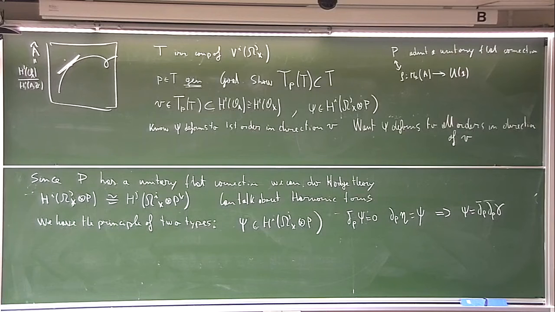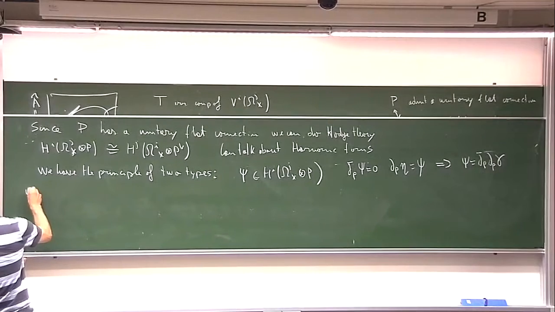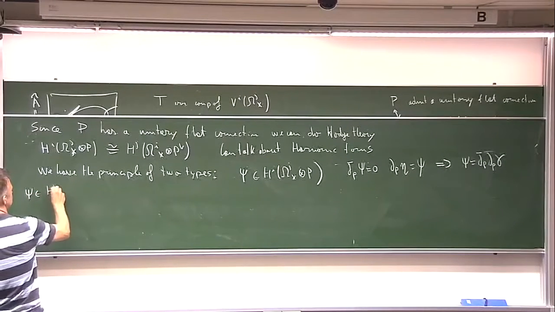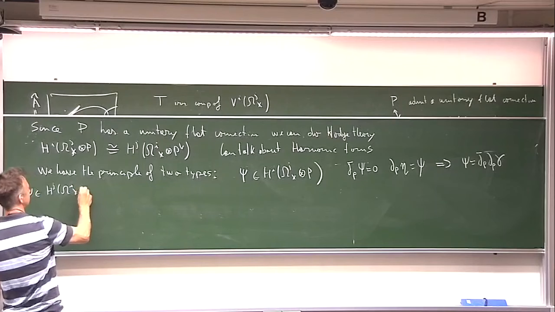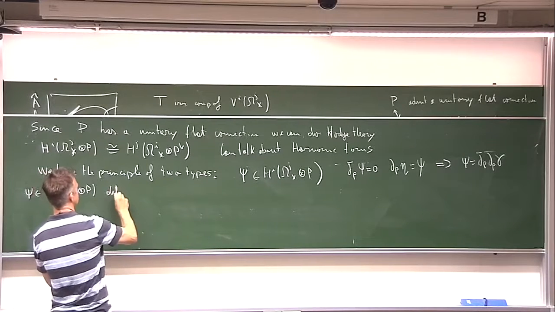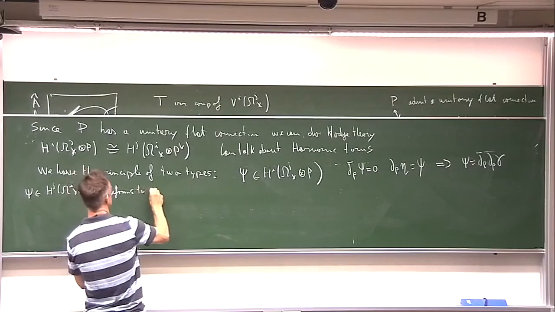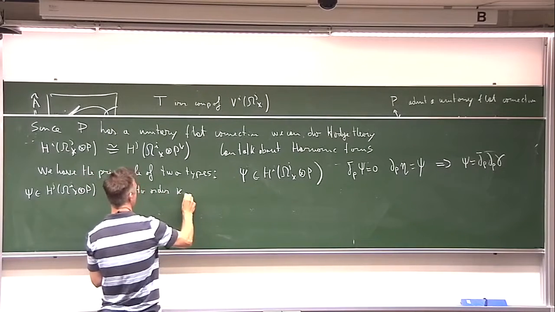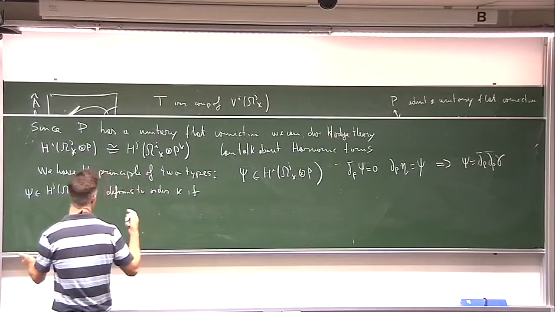Okay, so now I need to tell you what it means. I won't do the detail, I'll just tell you what the outcome is. So what does it mean to deform your form ψ to order T? ψ in H^J(Ω^I(X) ⊗ P) deforms to order, let's say, K, if we can solve the following.